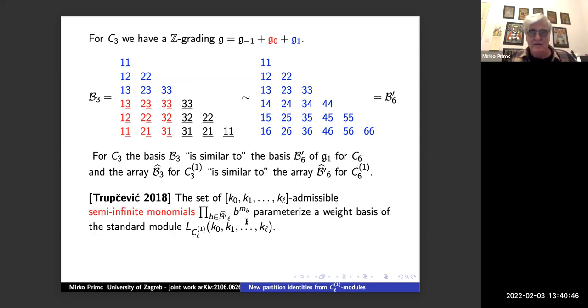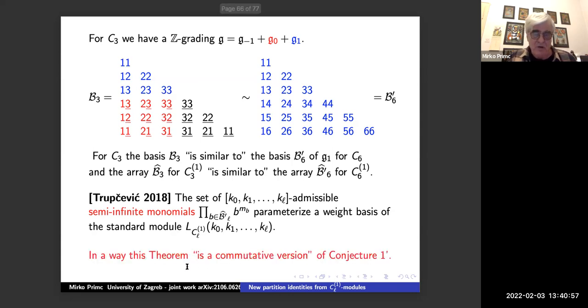And then we get a basis that is combinatorially almost the same as the one in our conjecture. So in a way, this theorem is a commutative version of our conjecture one, and one should hope that maybe it can be used to prove it.